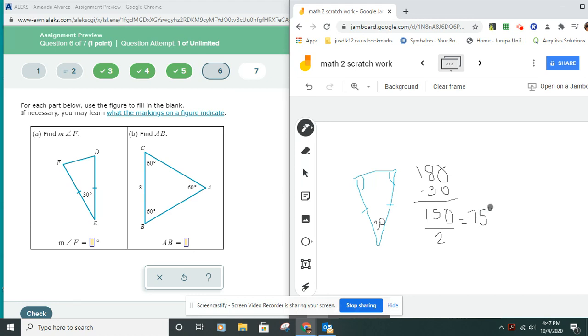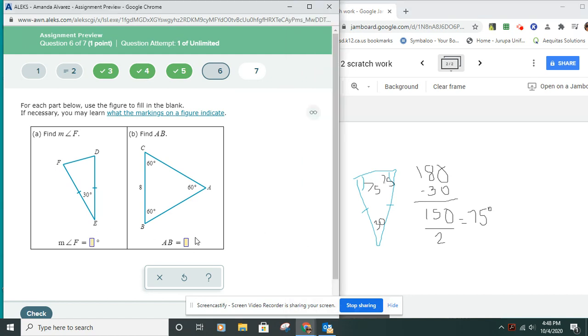And if you're ever not sure, you can always check your answer. So I'm pretty sure I've got this right. I'm pretty sure it's 75 there and 75 here. So what I can do is I can add up 75 plus 75 plus 30. Let me do that on my calculator real quick, just to make sure. Like, I really want to make sure I'm getting the right answer. And if I add them all up, it is 180. So measure of angle F should be 75.